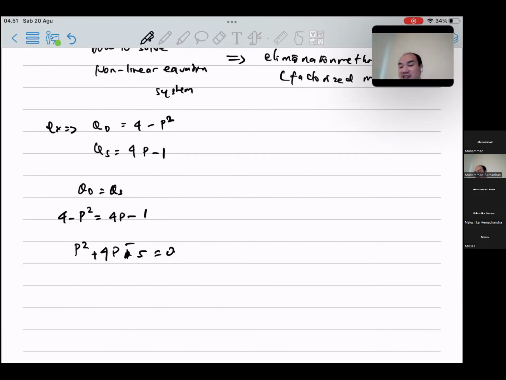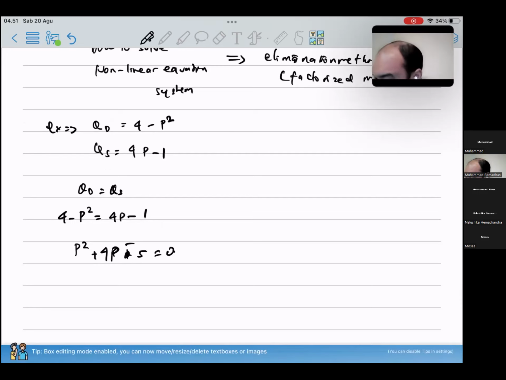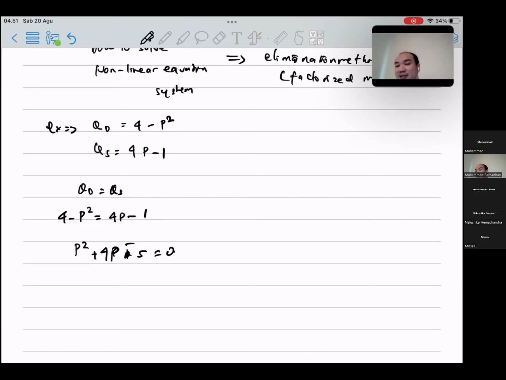So you have to factorize this. This is basic things, that you have to know how to factorize this. You can refer to a basic mathematics book, I think in Indonesia it is junior high school material.